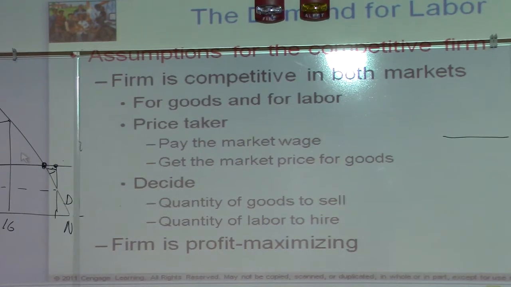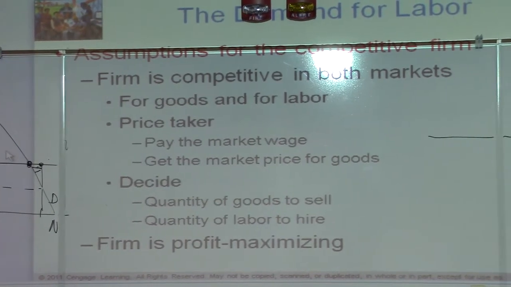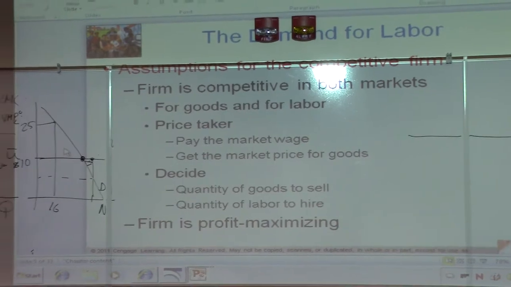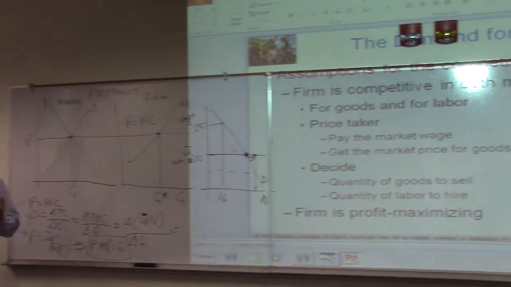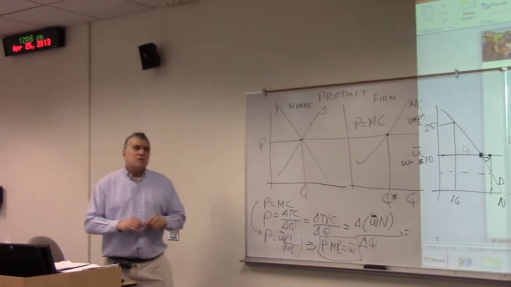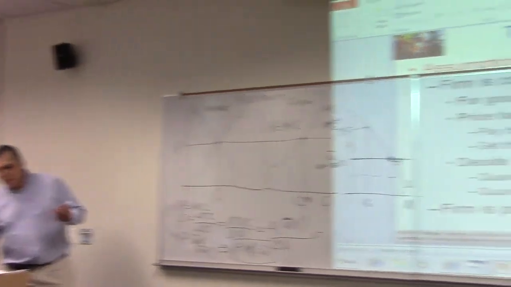At the labor market, he pays the market wage, and the reason that's important, that it's competitive, is that the farmer cannot influence the wage rate, because he's a small part of the total product market, and the amount of labor that he hires is a small part of the total labor market for apple pickers.